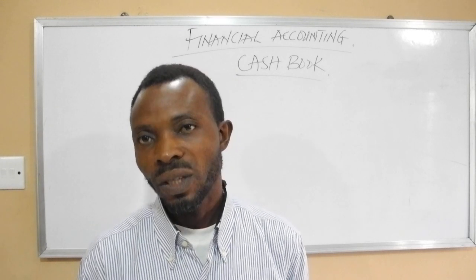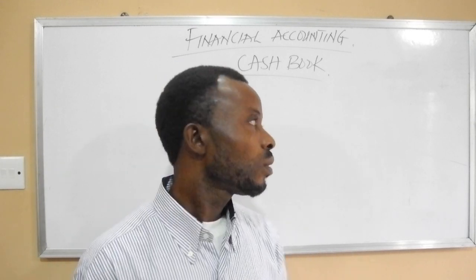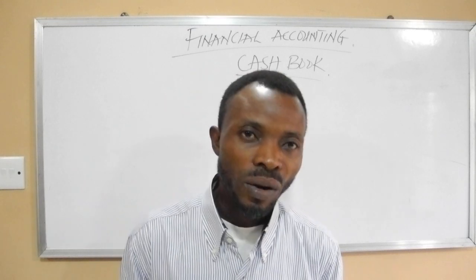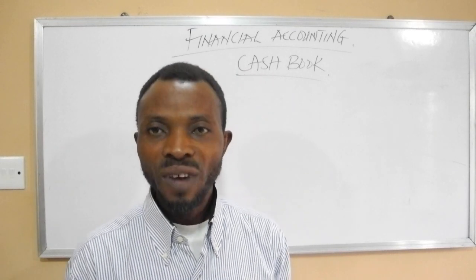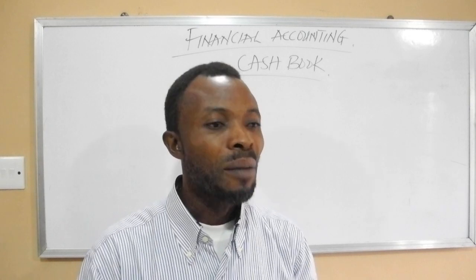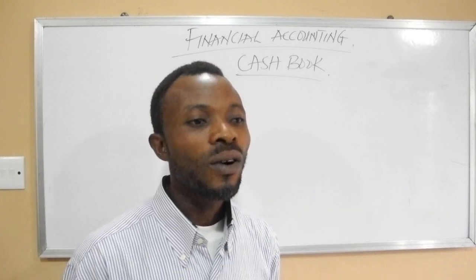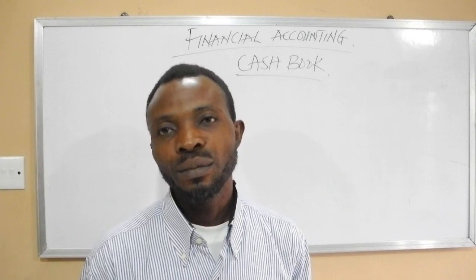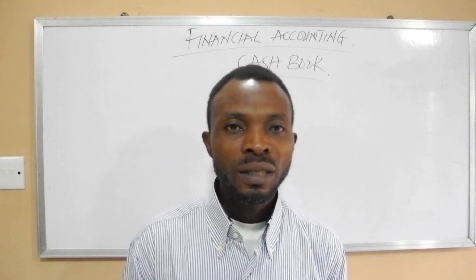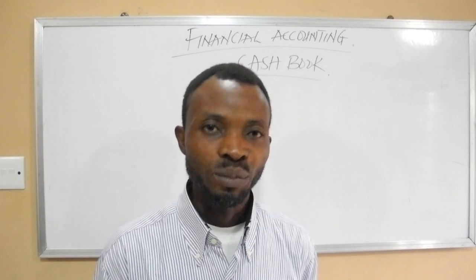Only transactions that are made on credit cannot be recorded in a cash book. But as far as those transactions are made on cash, they are recorded in a cash book. So that's just the meaning of a cash book.